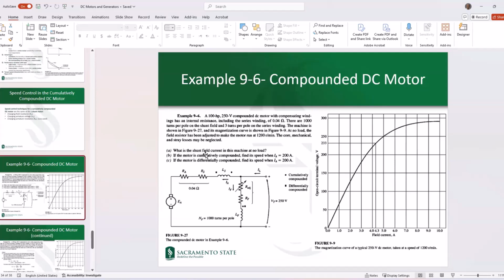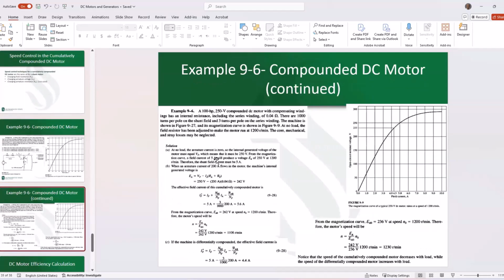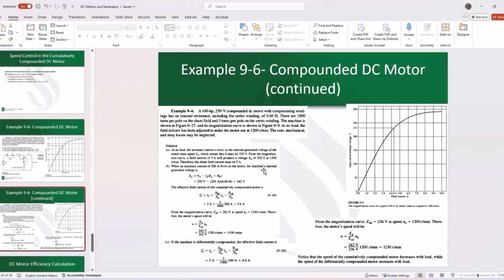We want to see what the shunt field current in this machine is at no load conditions. That's the first item. At no load, the armature current would be 0. So the internal generated voltage of the motor, EA, would equal VT, because if there's no current, the same VT will fall on EA. Therefore, EA must be equal to 250 volts, the terminal voltage.